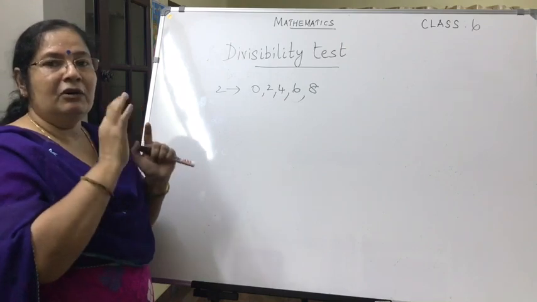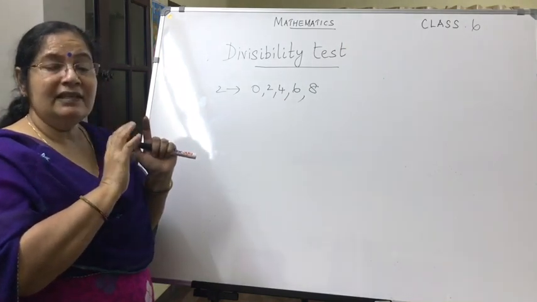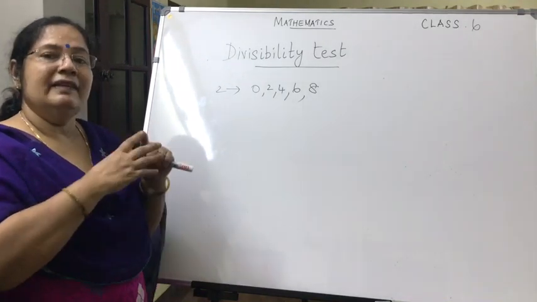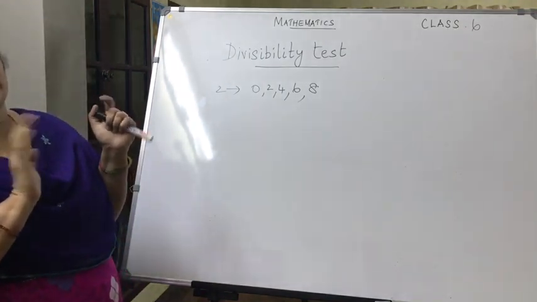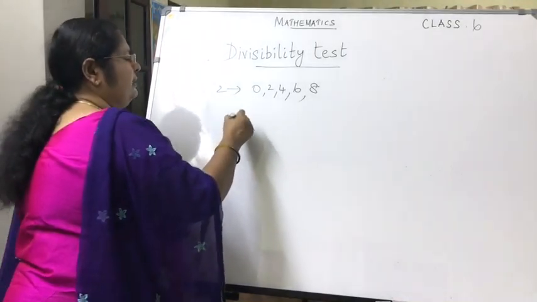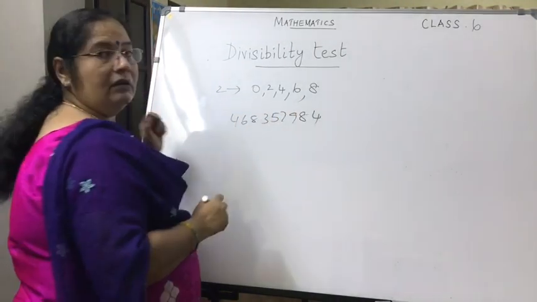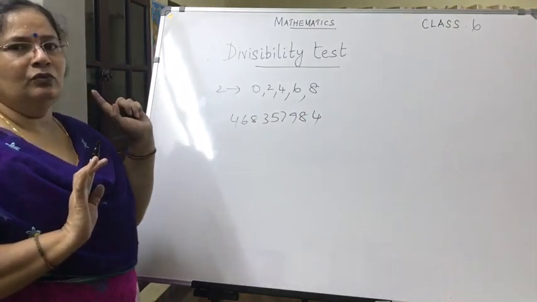If the digit in the units place is 0, 2, 4, 6 or 8, then the given number will be divisible by 2. Suppose I have a number like this, 482357984. Is this number divisible by 2?